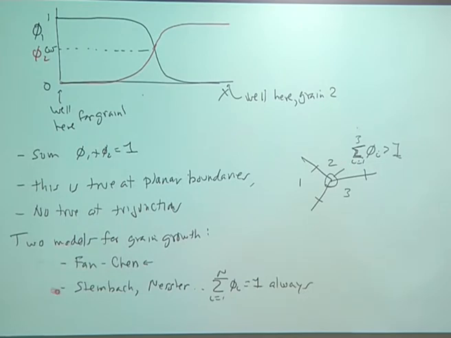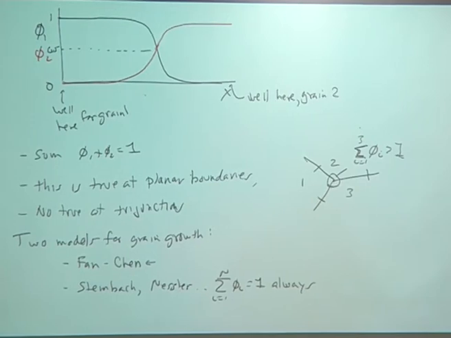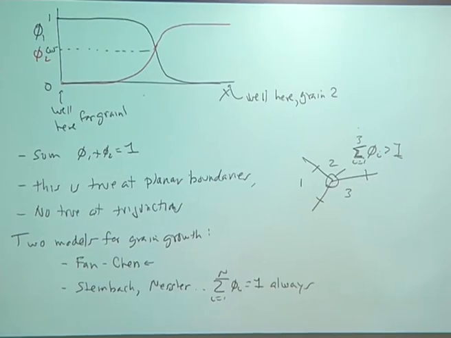And so, basically, in the model where they constrain them to be 1, you get a different model for the trijunction than you do in this case. And there's an interesting paper by Nele Moelans, where she compared these two and showed that they actually lead to different grain growth kinetics.